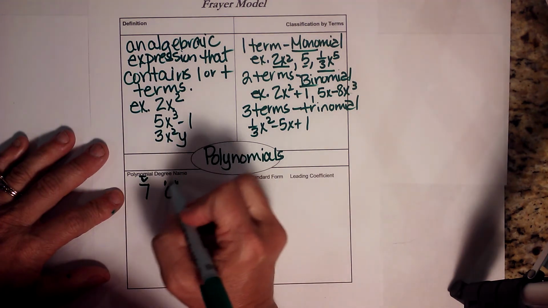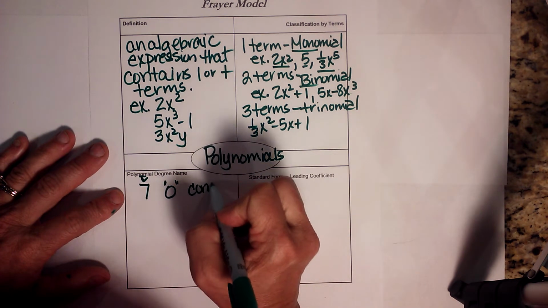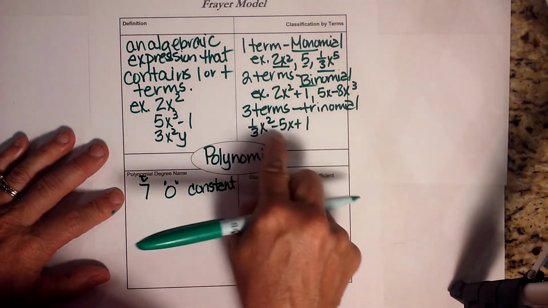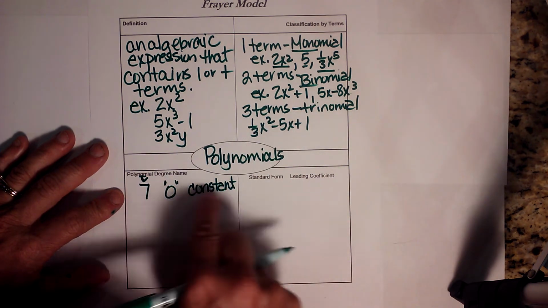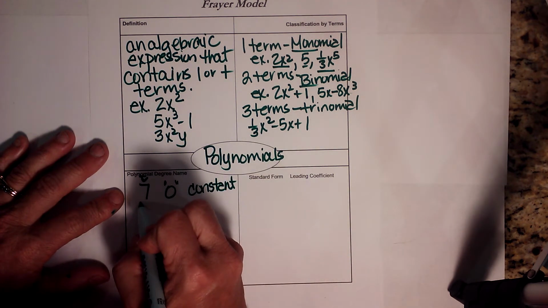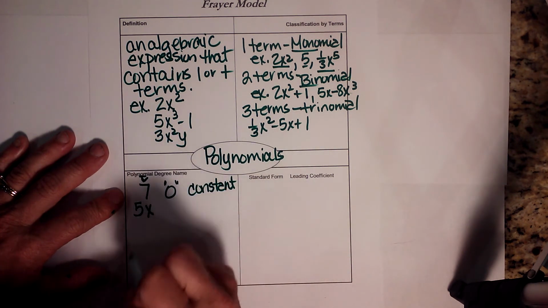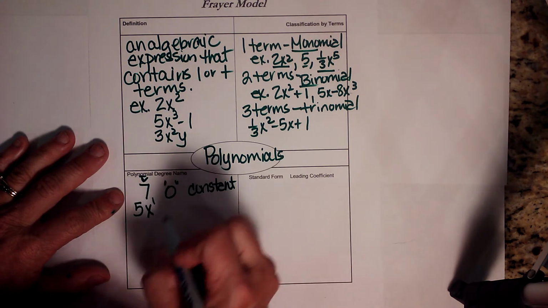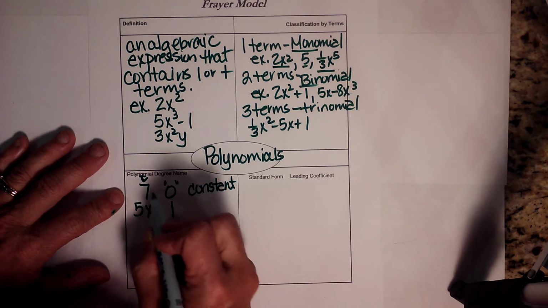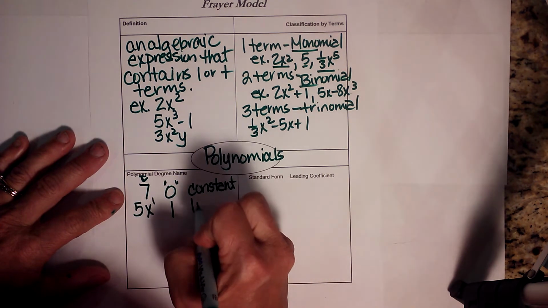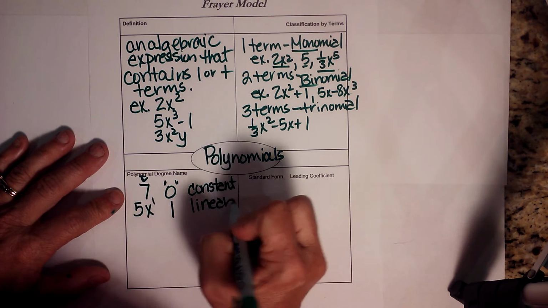So the degree is 0, and we call that a constant. So if you see a term without a variable, then we consider it a constant. Okay, so another one would be like 5x. Now, 5x, we don't write a 1, but we know it's to the first degree. So the degree is 1 because that's the exponent on the variable. And that one is called a linear term.